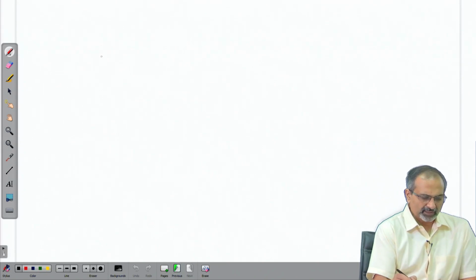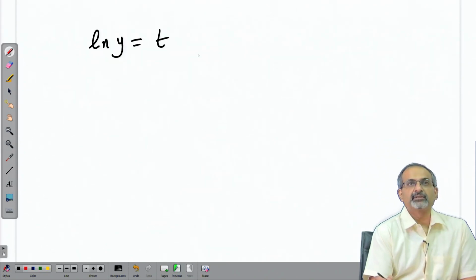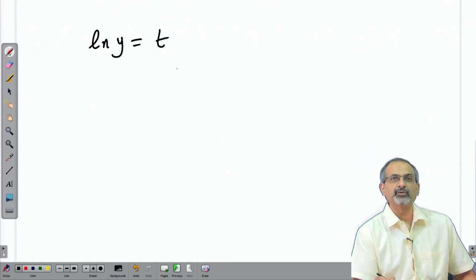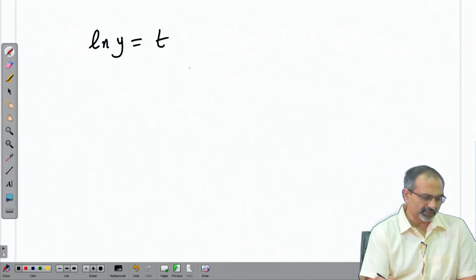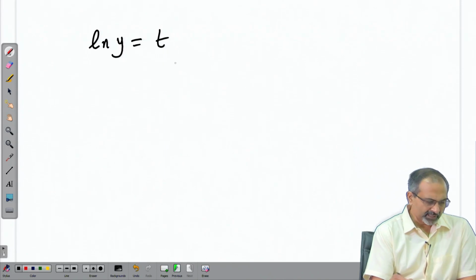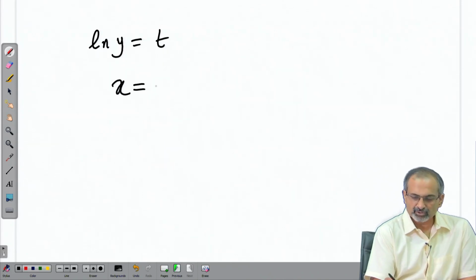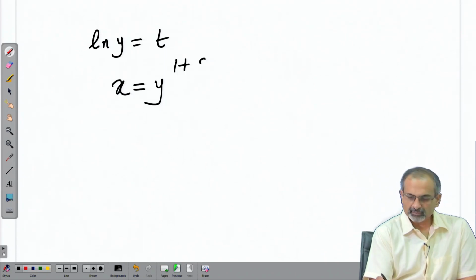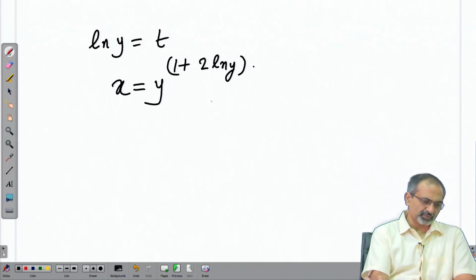You can figure out that natural log y is equal to t, that is from the second equation, the y equation. If you just take a log of that equation, you get this. Making use of that, you can very easily show that x is equal to y to the power of 1 plus 2 log y. That is what the outcome would be.